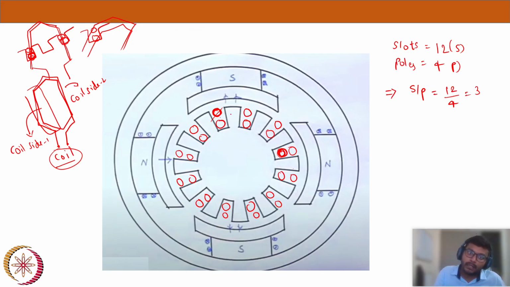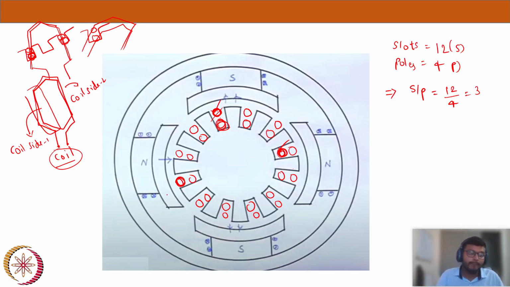So this coil side and this coil side constitute one single coil. Now this is the return path of some other coil, which might be in some other place. Again, 1, 2, 3: this particular coil has two coil sides.